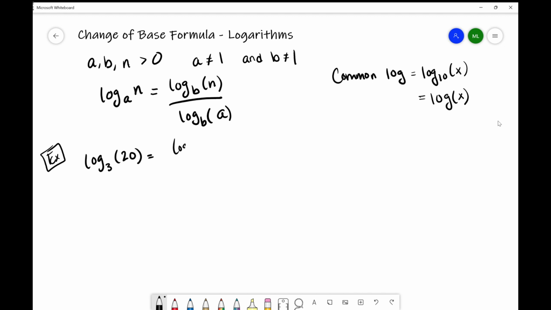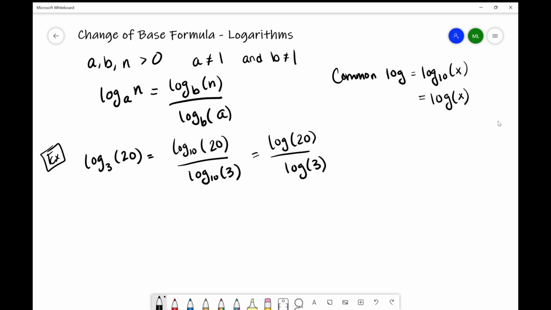So I can say log base 10 of 20 over log base 10 of 3. So log base 3 of 20 is equal to log base 10 of 20 over log base 10 of 3. And since it's a common log, we can just say log of 20 over log of 3. And then I can plug this into my calculators. Okay, so that's if I change it into a common log.